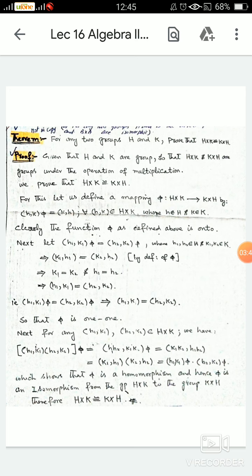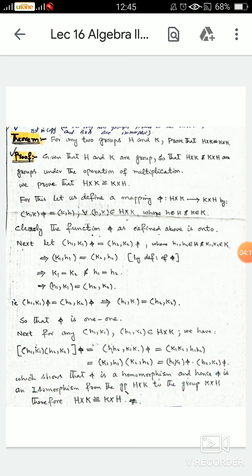Now we apply phi: h1 h2 and k1 k2 get swapped, so we can write (k1 k2, h1 h2), which can also be written under the multiplication as (k1, h1)(k2, h2).